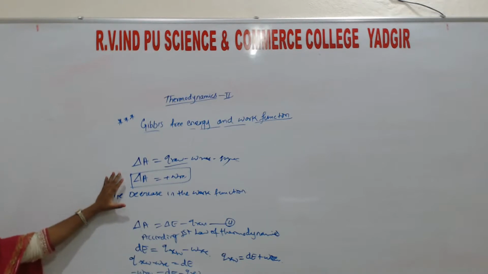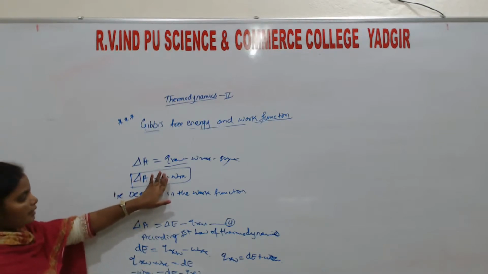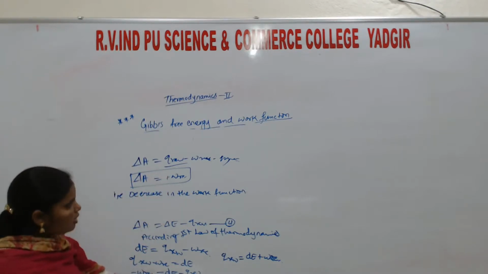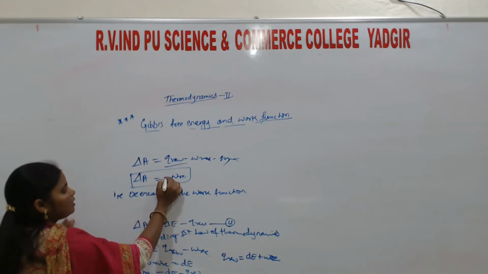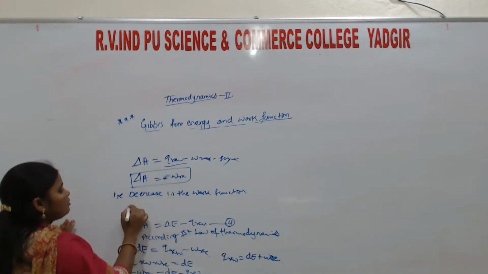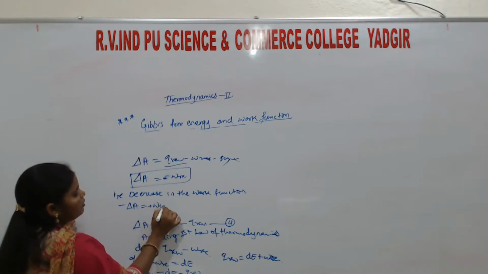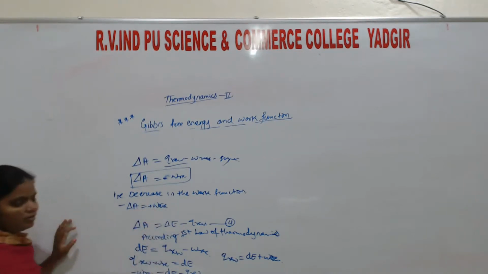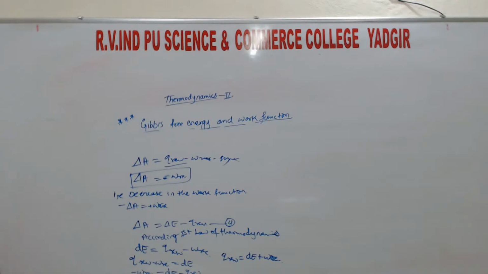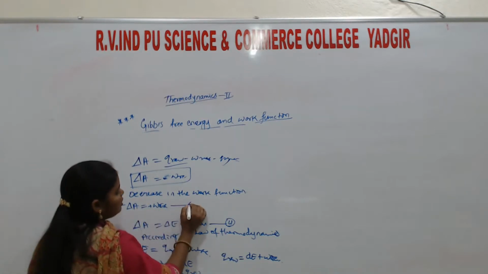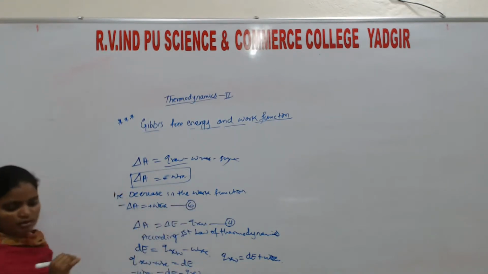Here you are adding this value minus Q, so minus delta A is equal to positive W reversible. This is minus delta A reversible, and this is equation number 6.